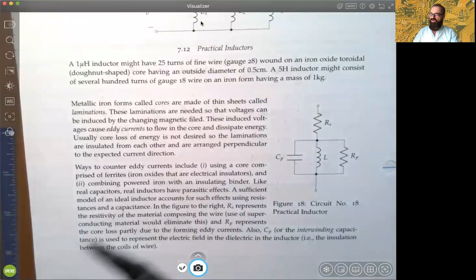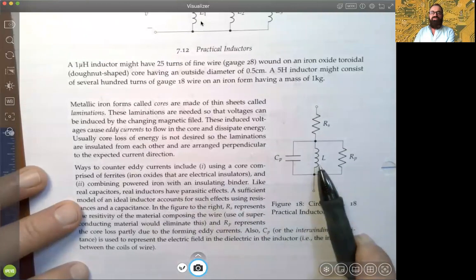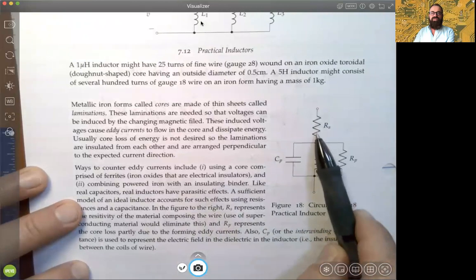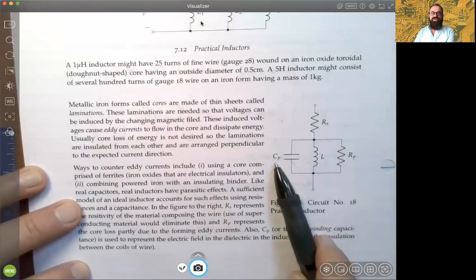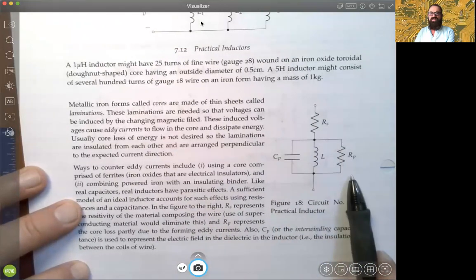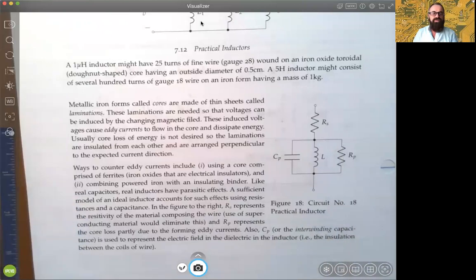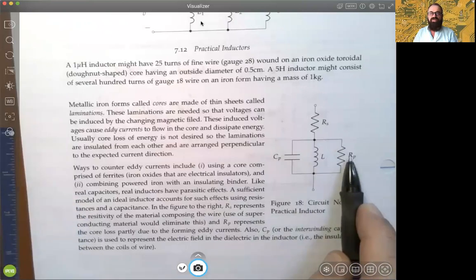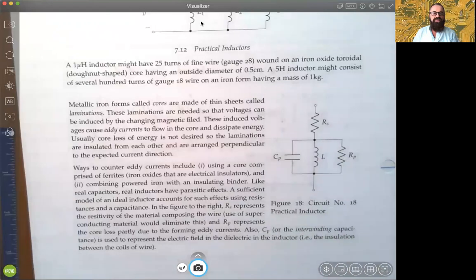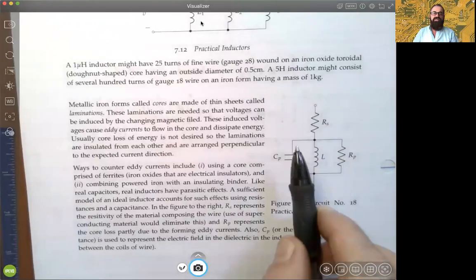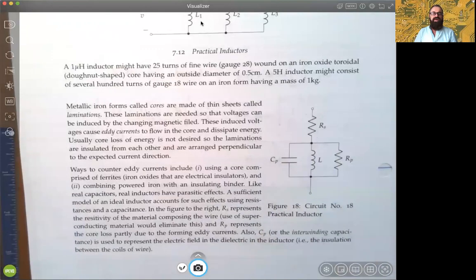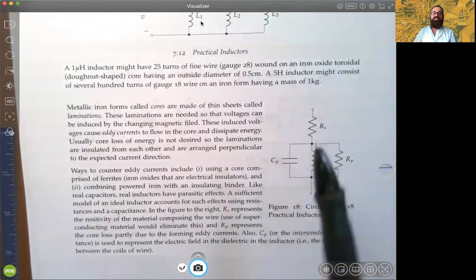And so what they do is, yes, here is your ideal inductor, but to represent the loss of energy, put it in parallel with the capacitance and what represents the loss to the eddy currents over here. And then maybe a loss due to the lack of perfect superconducting material property, and that would be RS, okay?